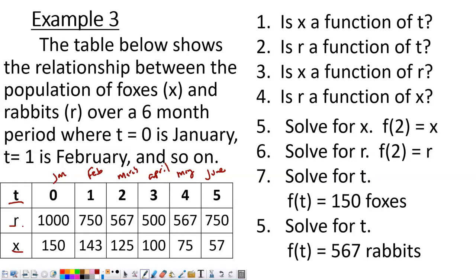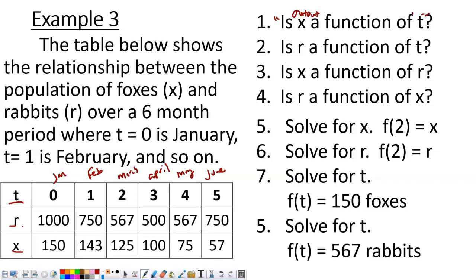Okay? So, let's go ahead and take a look at number 1. Is x a function of t? So in other words, what they're asking here, this is a verbal representation, and when you have a verbal representation, the first one that they mention would have to be the output.